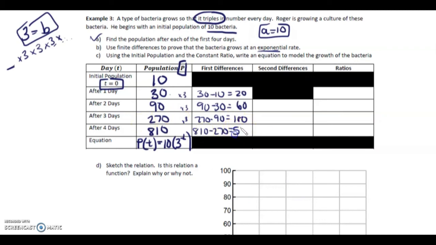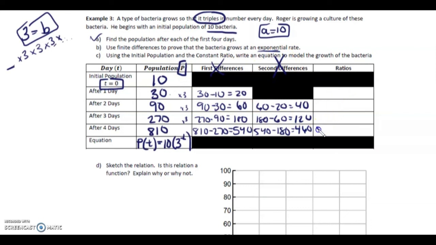So when we subtract up the y column, we do not get a constant for the first differences. When we subtract up the first differences column, we do not get a constant second difference. So it's not quadratic either. So 120 and then 540 minus 180, we get 360. So those two don't work.